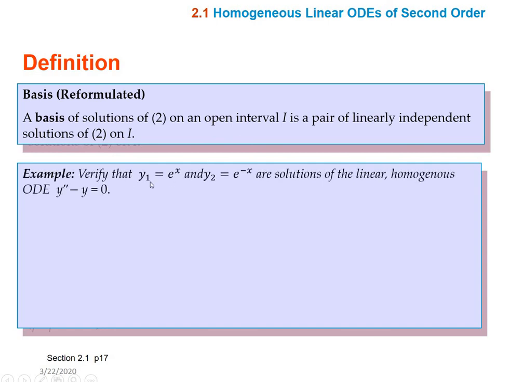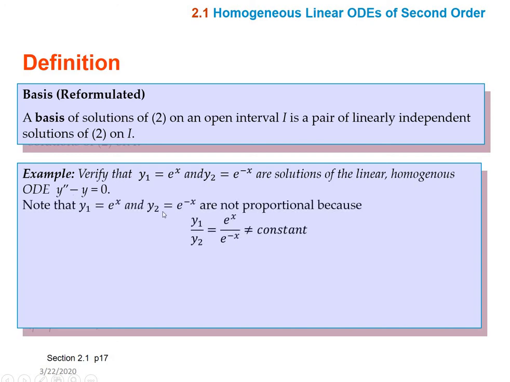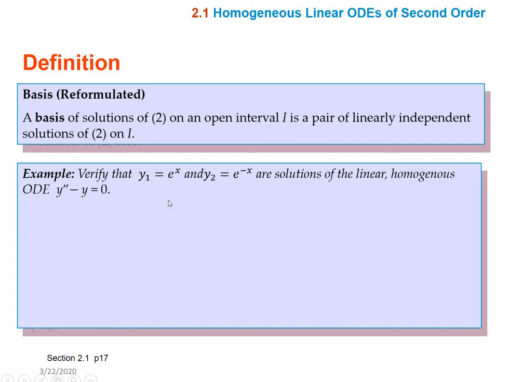Okay, just take this one. Verify that y1 and y2 are solutions of the linear homogeneous ODE y double prime minus y equals 0. Basically, you have to prove that this one is a solution, and then prove that the other one is a solution. For each, differentiate it twice and substitute in the ODE. You're going to find out that the first one is a solution, and the second one is also a solution. Now, do they form a basis?